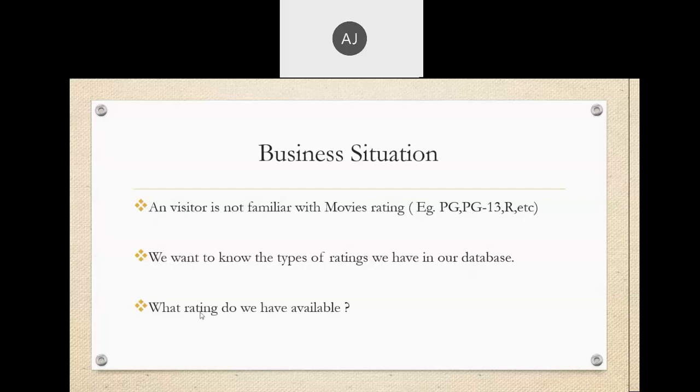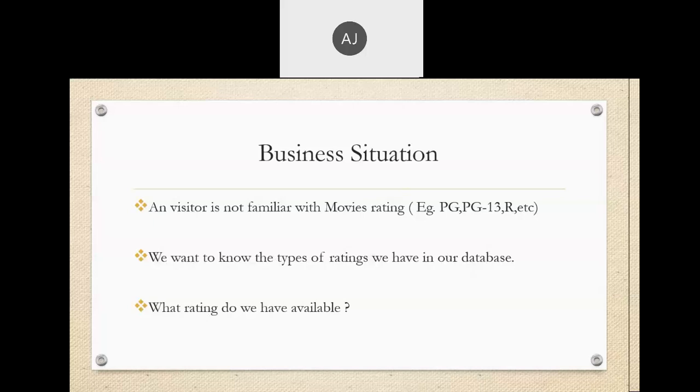So what ratings do we have available? This is your business situation. That means we need to fire a query to retrieve the unique ratings. Did you get that? You don't want to retrieve all the ratings. That visitor is not familiar with ratings, so he wants to check all the types of rating, and those ratings must be unique.